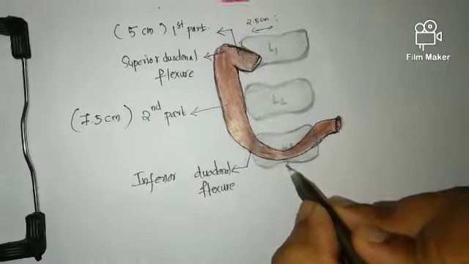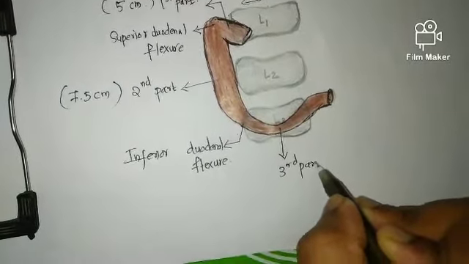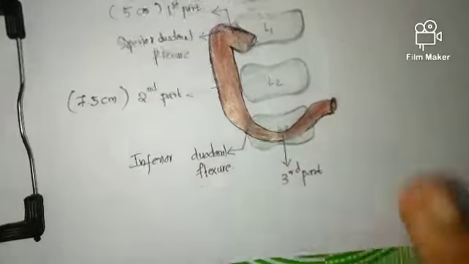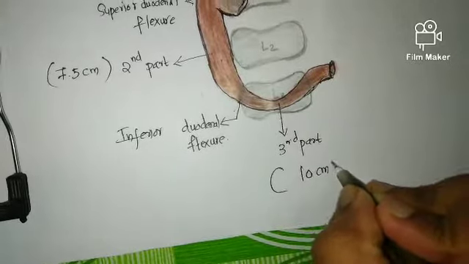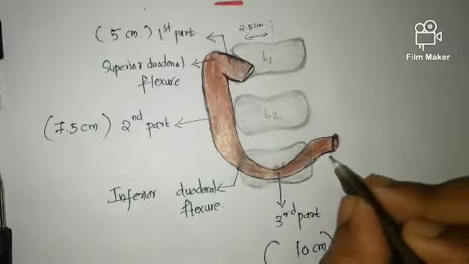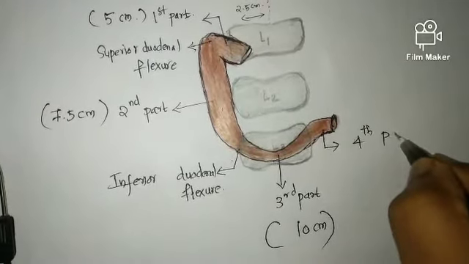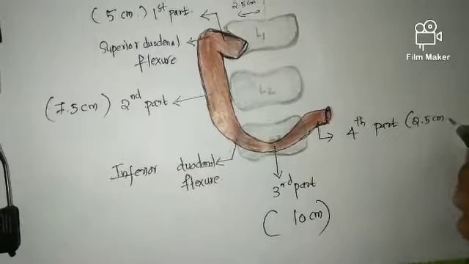Then the third part starts. This is the third part, otherwise called the horizontal part of the duodenum, which is about 10 centimeter long. After that we have this small part, the fourth part, which is only about 2.5 centimeter.